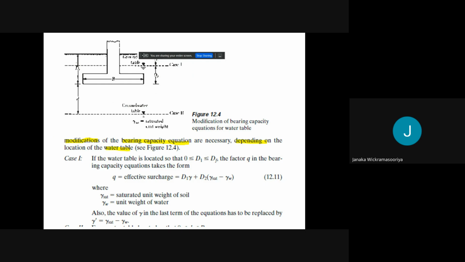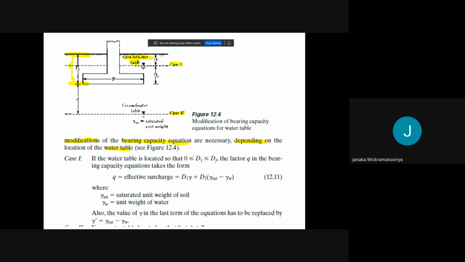Here we have three cases. Case 1, the water table is in between the ground surface and the foundation bottom. The groundwater table is in between the ground surface and the foundation depth.